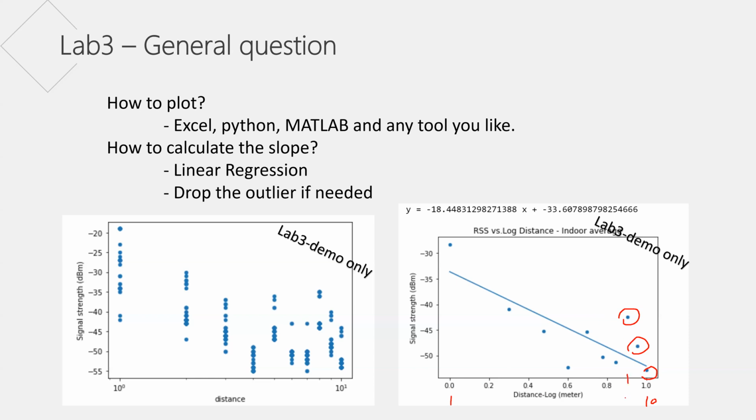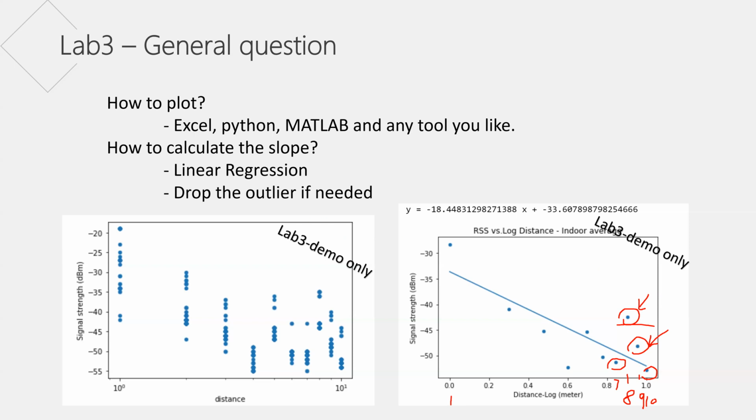And here is about 8 meters, and here is about 9 meters. You can see the average signal strength at 8 meters is even better than at 7 meters. So we should consider this kind of value invalid, which means it is an outlier.